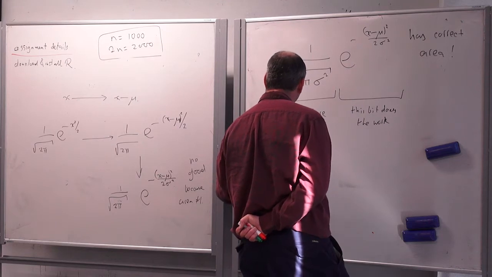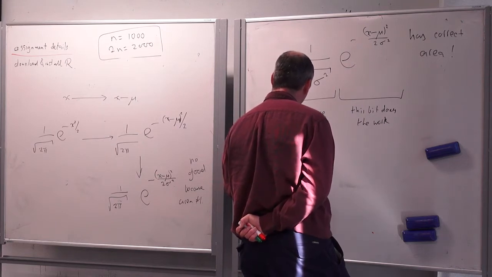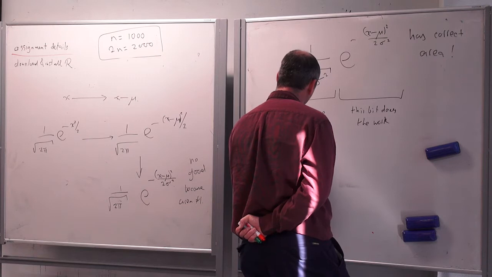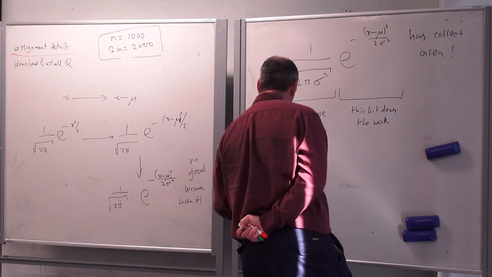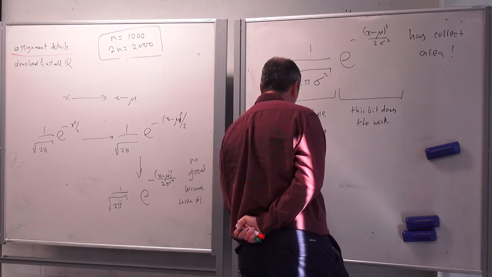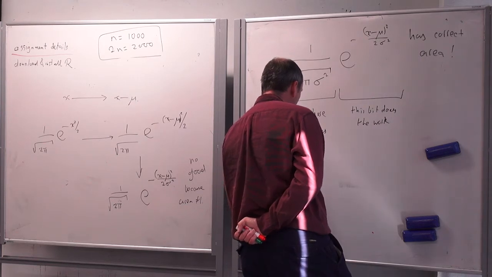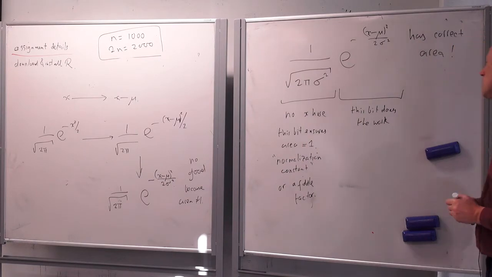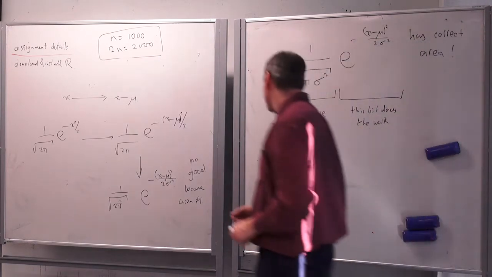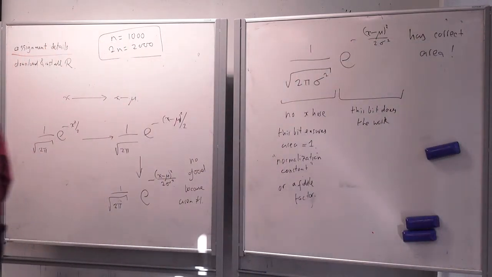It's called a normalization constant, or a fiddle factor. The proper word is normalization constant, but really it's a fiddle factor to make the area add up to 1. And we'll see how that works right now.